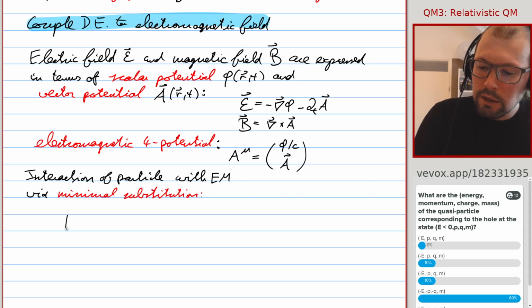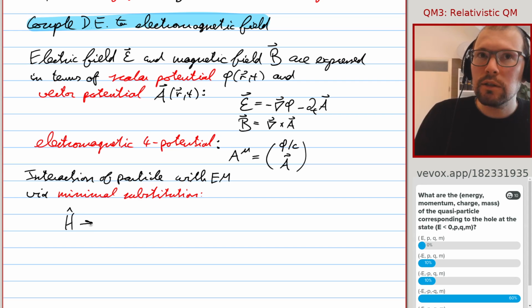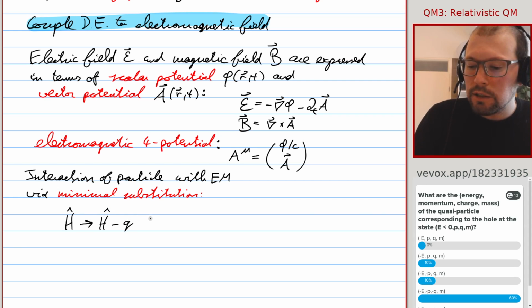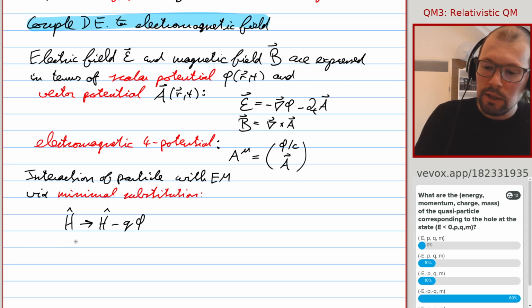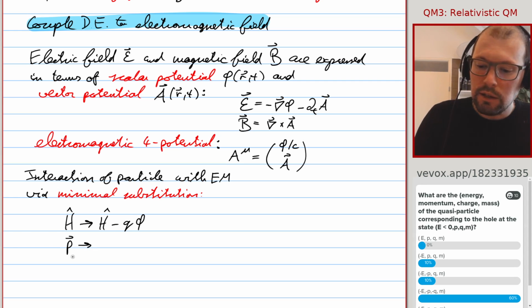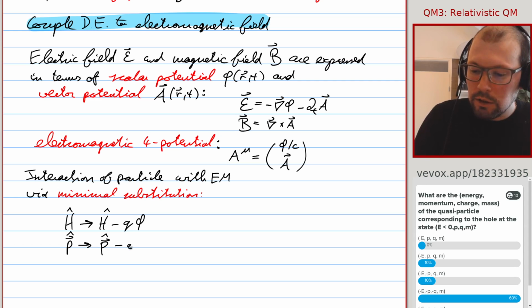So what does that mean? We take the Hamiltonian and we replace it by the Hamiltonian minus the charge of the particle times the scalar potential. And similarly, we replace the momentum operator by the momentum operator shifted by Q times the vector potential.